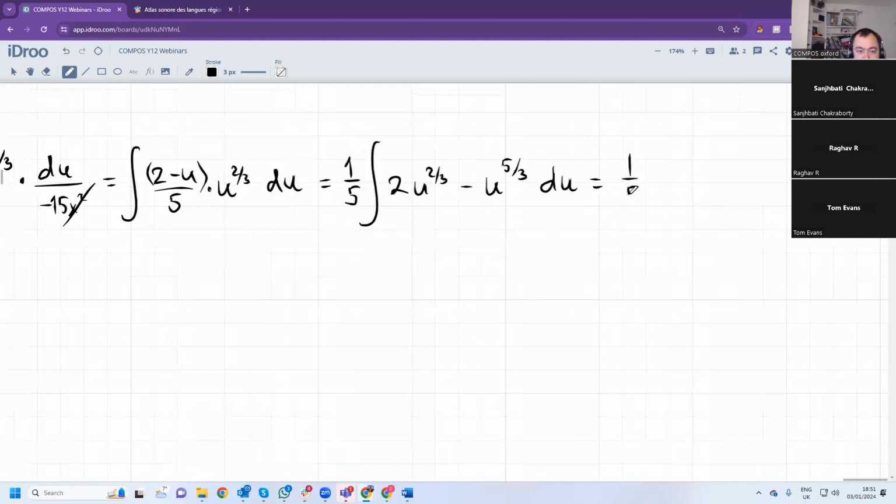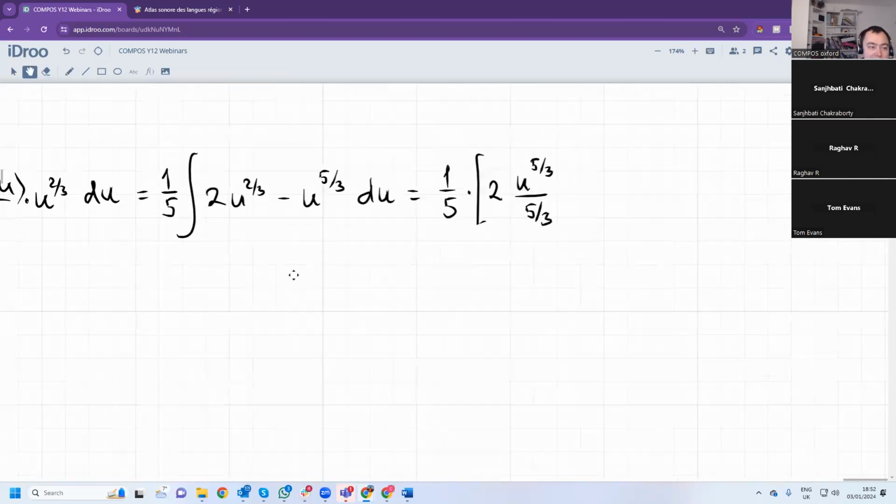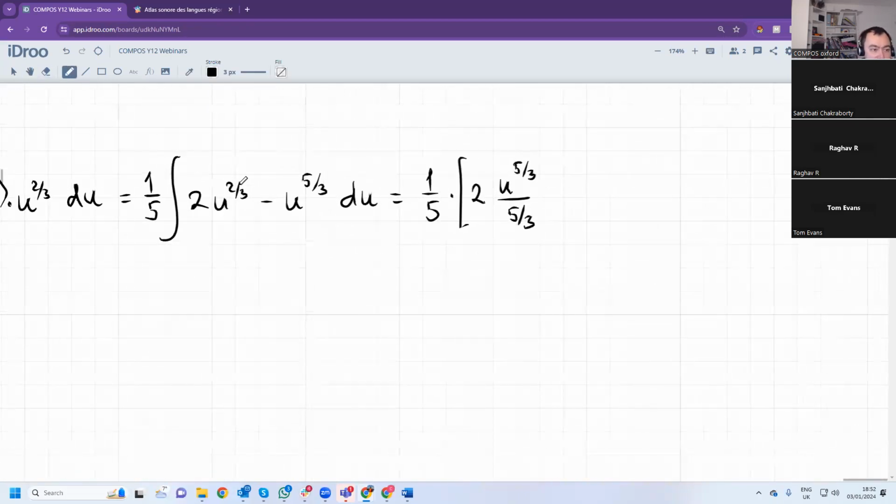So 1/5 multiplied by 2u to the 2/3 becomes u to the 5/3 over 5/3, because I'm using the plus one formula. 2/3 plus one is 5/3.